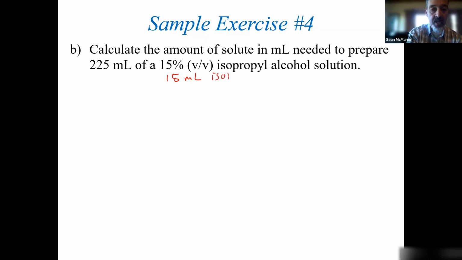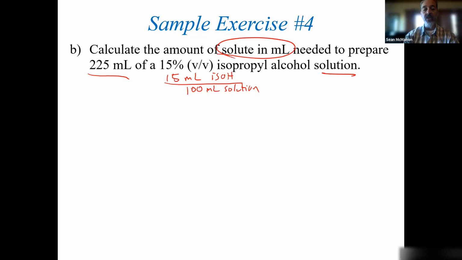I'll just do ISOH because OH means it's an alcohol group per 100 mL of solution.